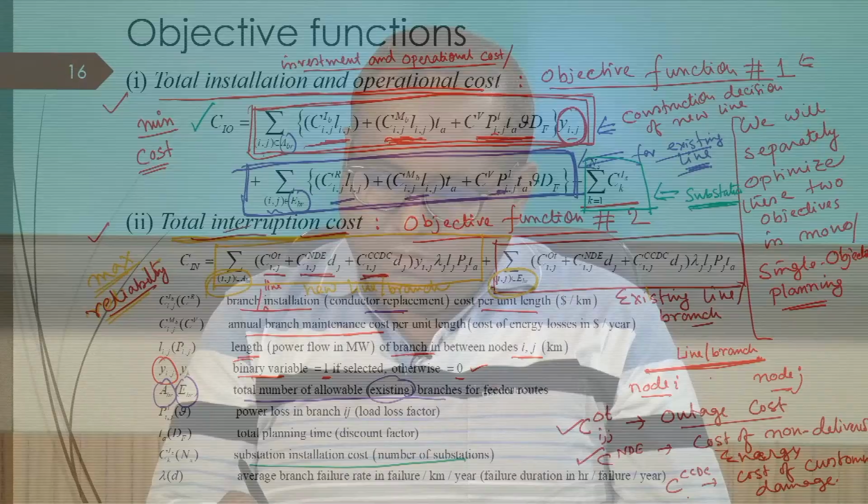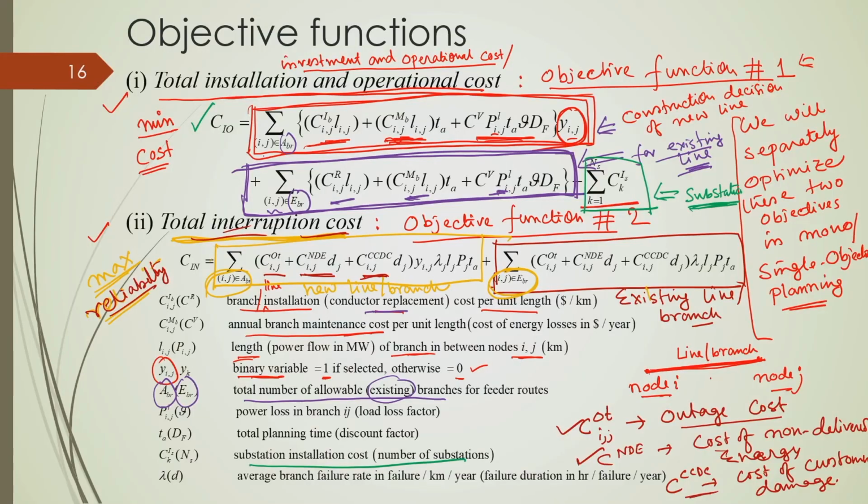And CCDC is another cost component which is not associated with the utility directly, but it is the customer damage cost, the cost due to the particular interruption which causes some damage to the customer. Okay.